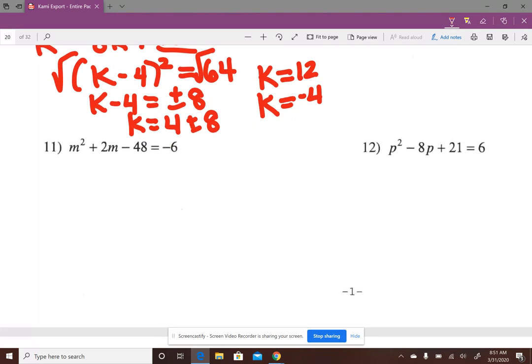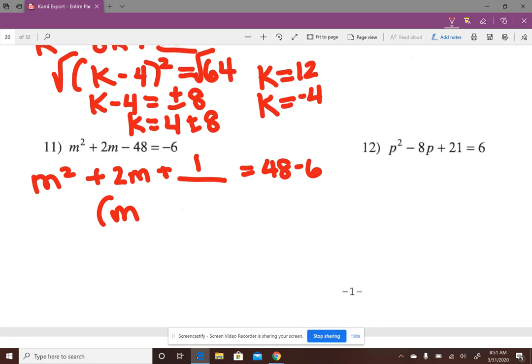All right, last one. So I've got m squared plus 2m plus I don't know is equal to. So now I had to move the 48, but there was already a negative 6 there, so I can't just throw that away. I have to pay attention to that. Half of 2 is 1, so this is going to be a 1.